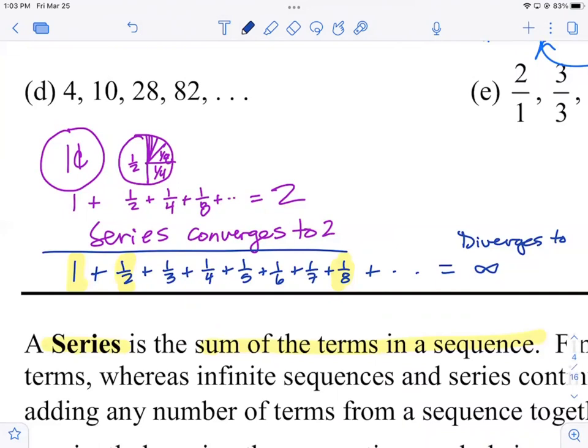That's bizarre, right? There's your cliffhanger for the week, okay? Here's a little hint. It has to do with how fast the terms go to 0. That's got a lot to do with it.